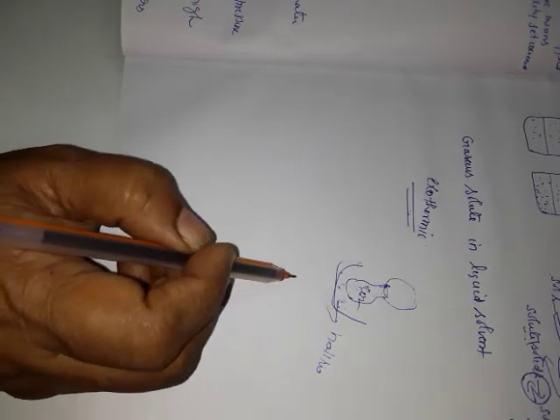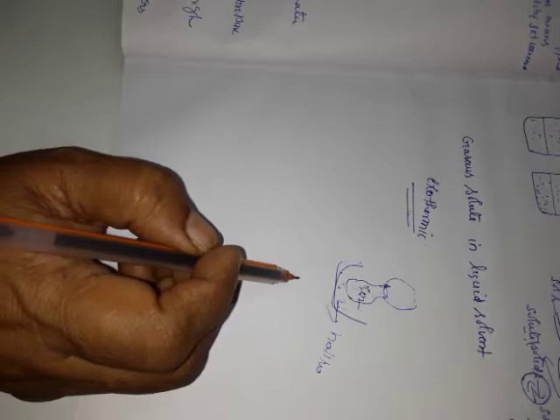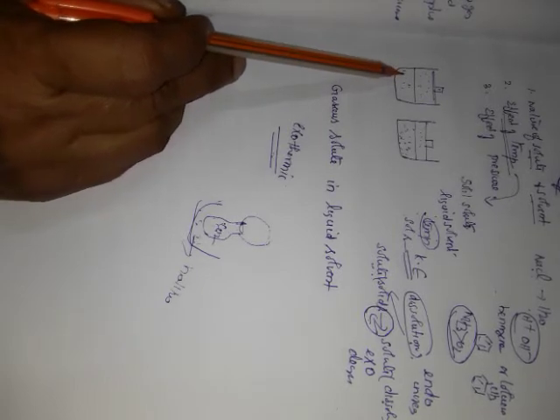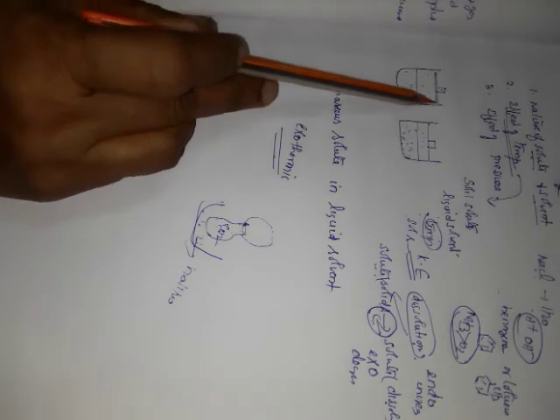Now, the third factor is the effect of pressure, which influences the solubility of the solute. Consider the two containers. See here, this is a solvent and these are the gas molecules kept here. Now, the container is closed.